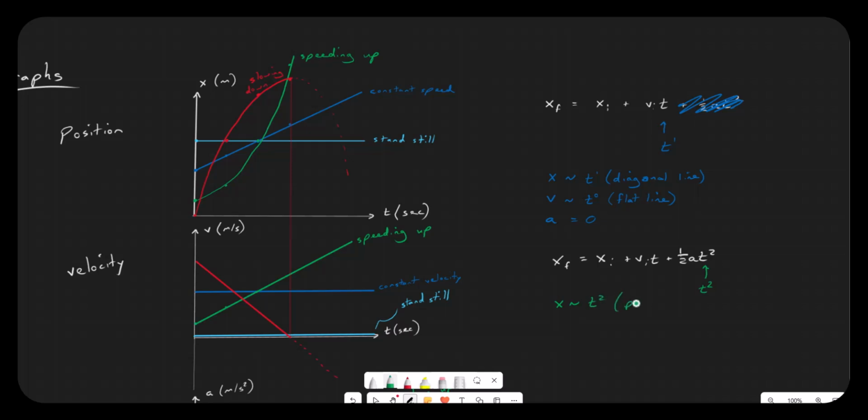That's a parabola. My v will then look like a t to the first power. I'm just going down a power, so that's a diagonal line. And then my acceleration will look like a t to the 0 power, which is a flat line.